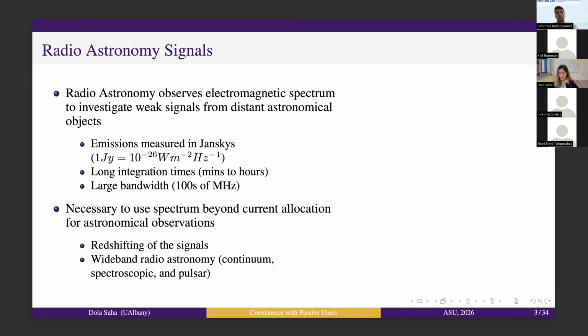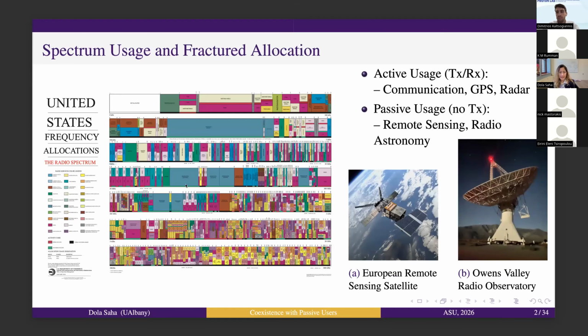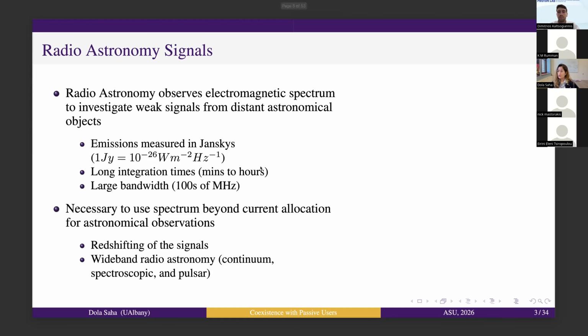One of the other parts is, if we look back at the chart, there are yellow regions that are protected for radio astronomy. In that frequency range, there are no other transmissions going on. If that is the case, then why do we need to think about coexistence issues and other things?